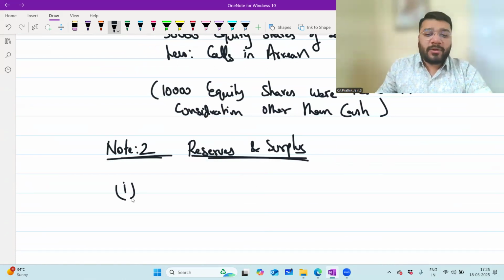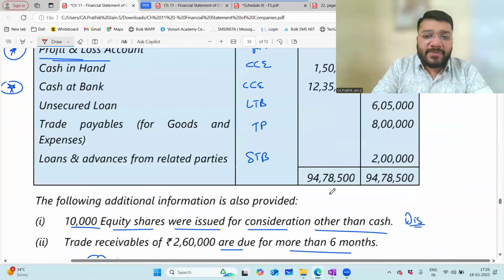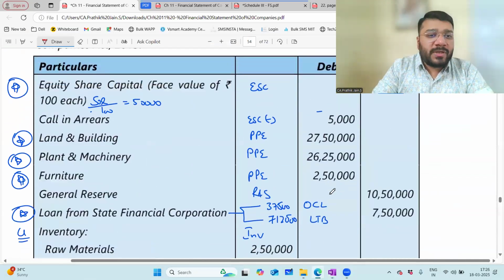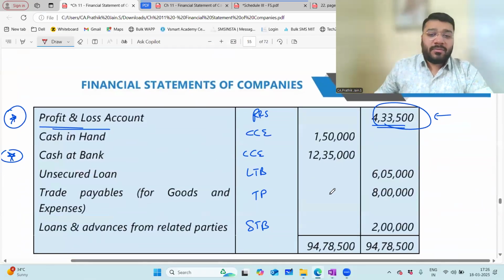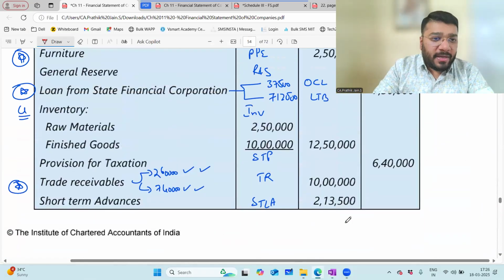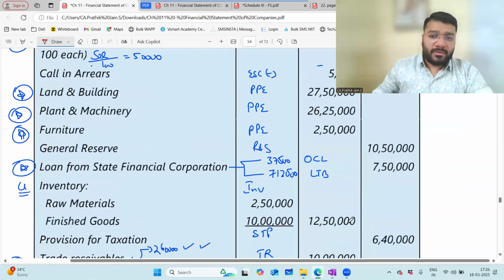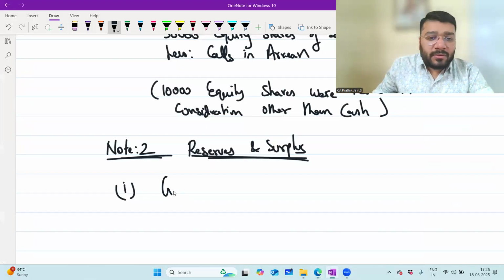And then the first one is what? Any reserves given specifically here? General is not given, no? We have to create. The balance is given. Already there. Okay. General reserve.